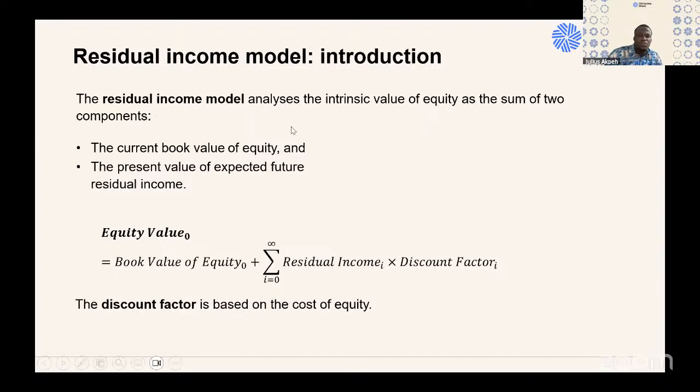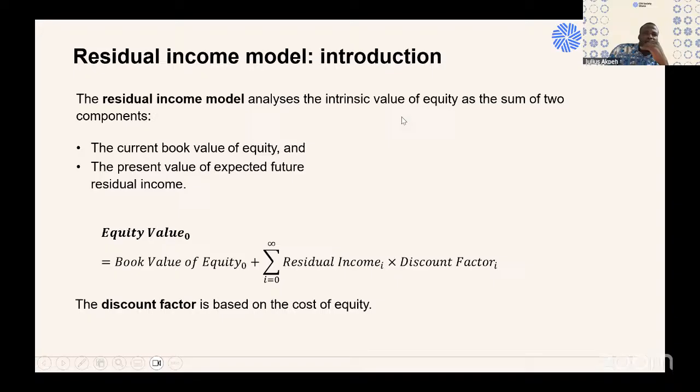The future assumptions surround residual income, discount factors and all that. But given that the significant portion of the equity value is in the book value of equity today, the entire equity value is not extremely sensitive to future assumptions, as we see in the case of free cash flow to equity.